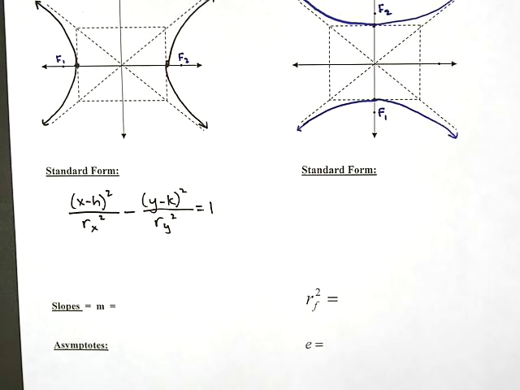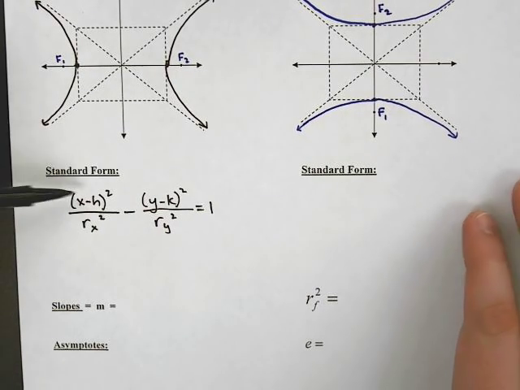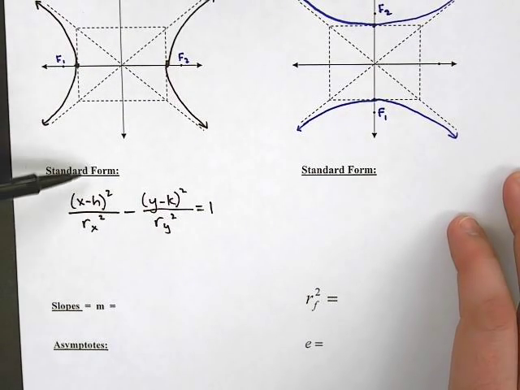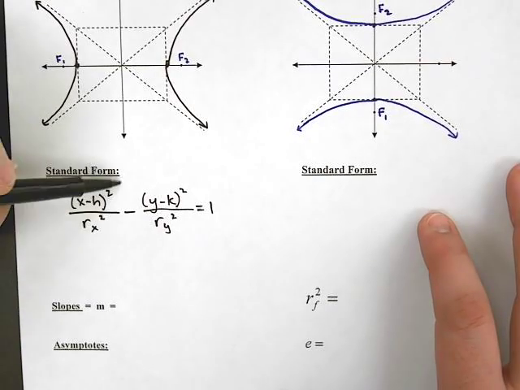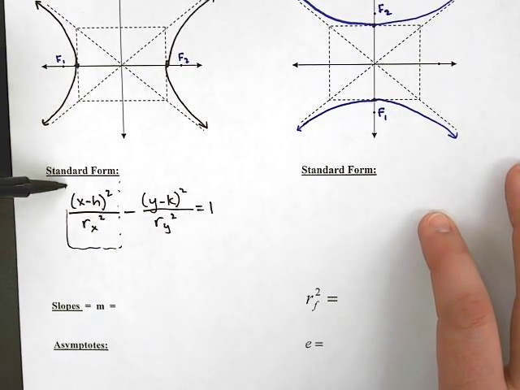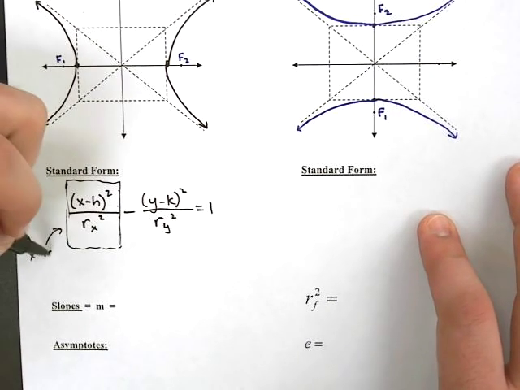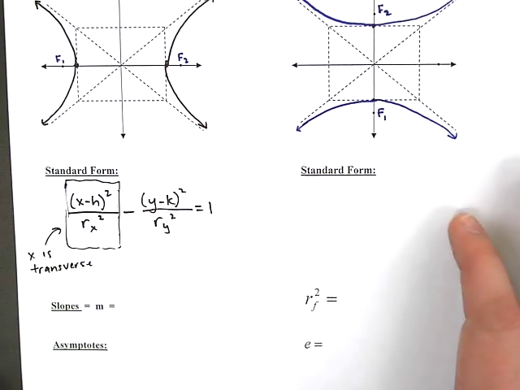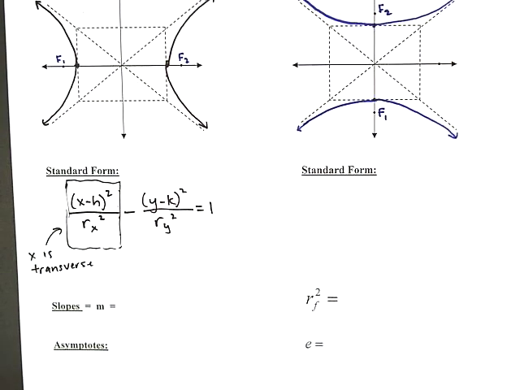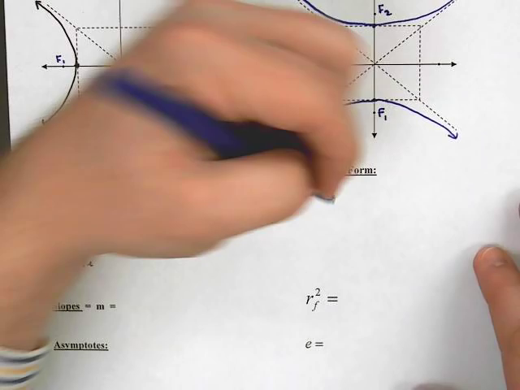What's really great about this is that whichever term is positive defines the transverse axis. Because this comes first, x is transverse. Well, if we have a hyperbola along the y-axis, what do you think is going to happen? It just switches.